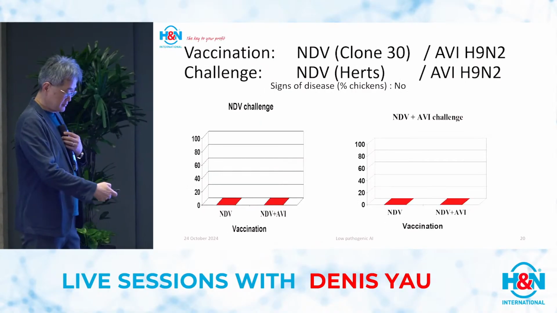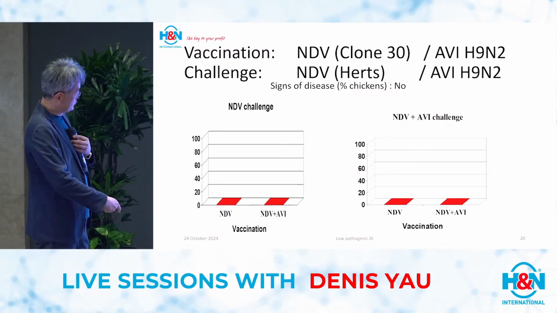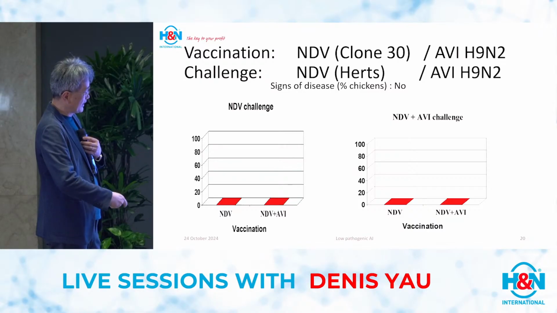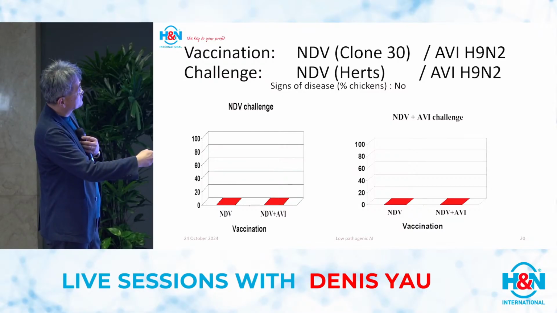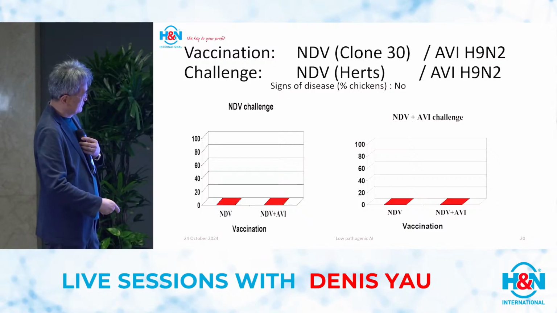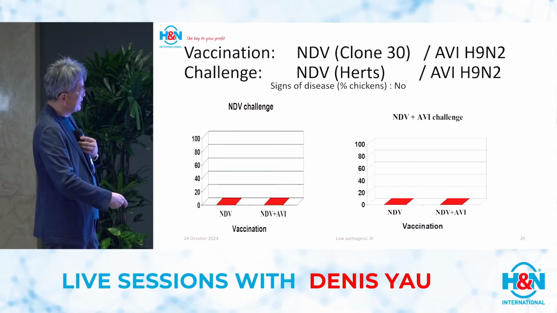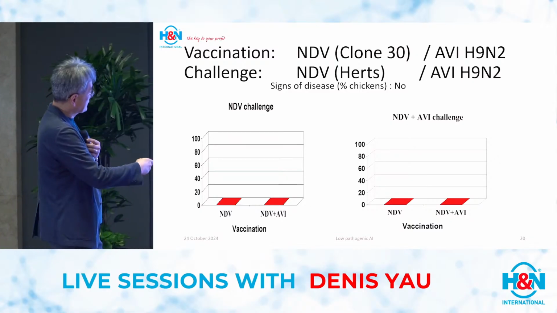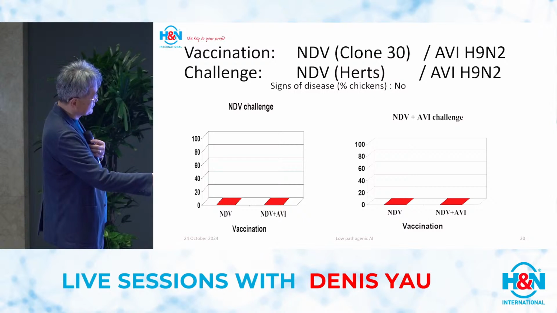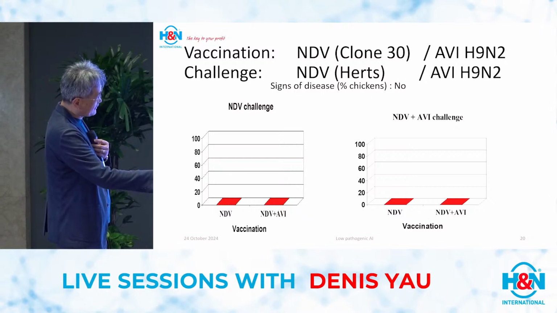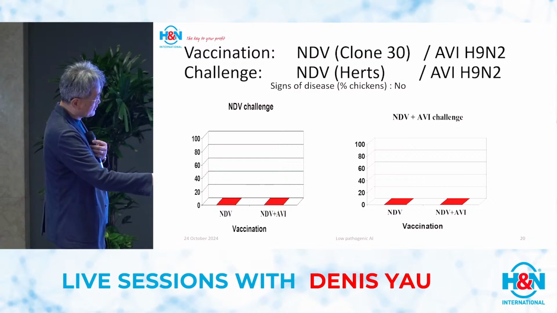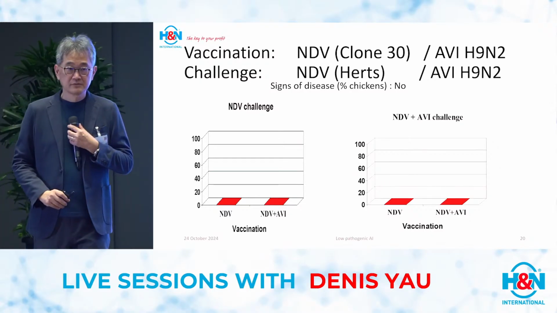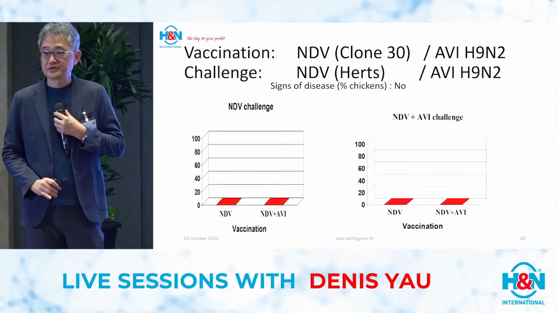So with this one, we do vaccination of the H9N2, and this one we do a clone 30. Challenge, we don't see any problems. With this ND challenge, we don't see any problems. With this ND and H9N2 challenge, we don't see any problems. So after this, what is your interpretation?